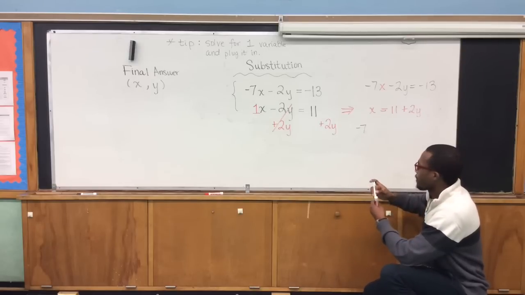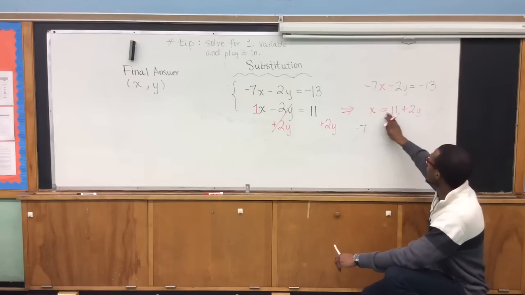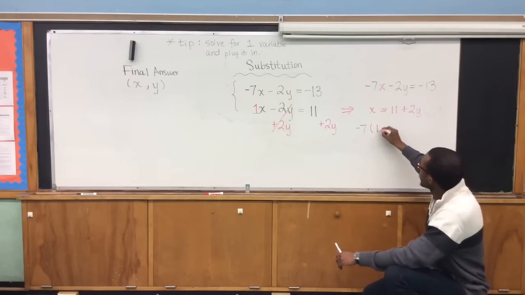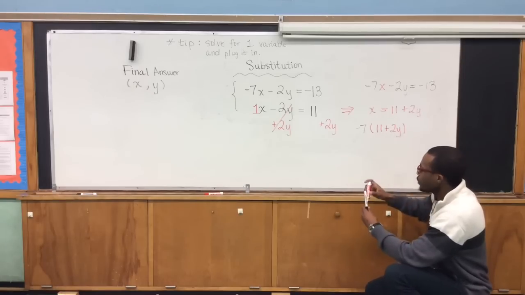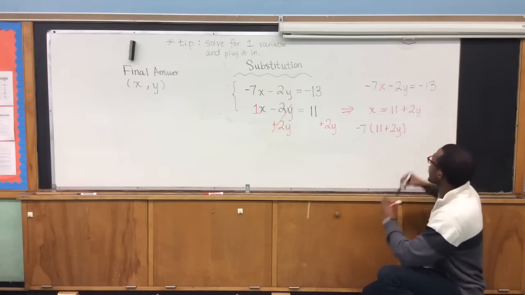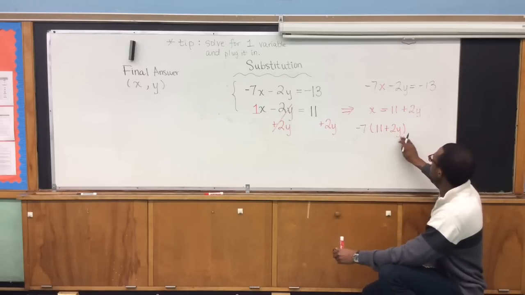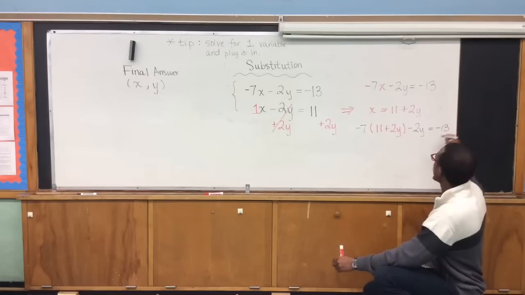So if we do that, we now have -7, and then instead of writing x, we're going to write 11 plus 2y. All right, so in parentheses, I'll write 11 plus 2y, and then continue writing the rest of the equation, minus 2y equals -13.